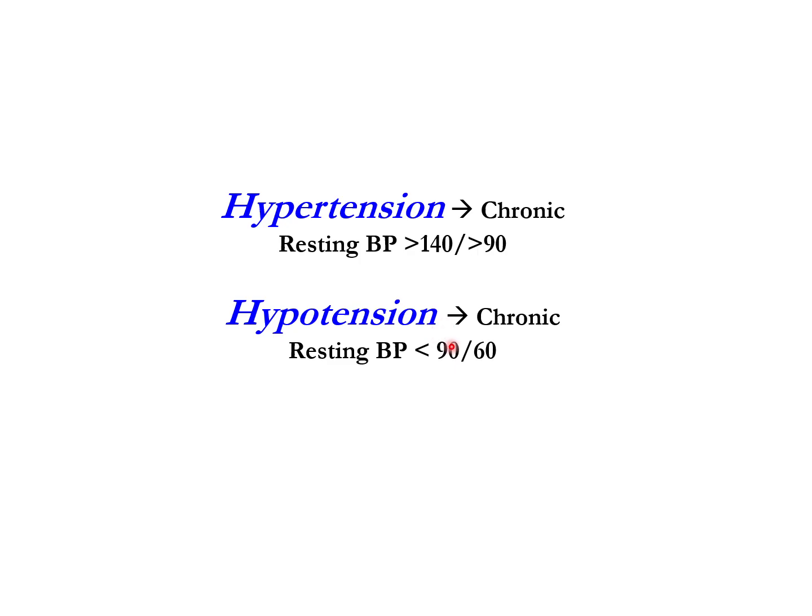A resting systolic of under 90, all right? We generally get concerned if it's under 100, all right? So if it's under 100, it's already in kind of a bad place. And any diastolic that's at or below 60.